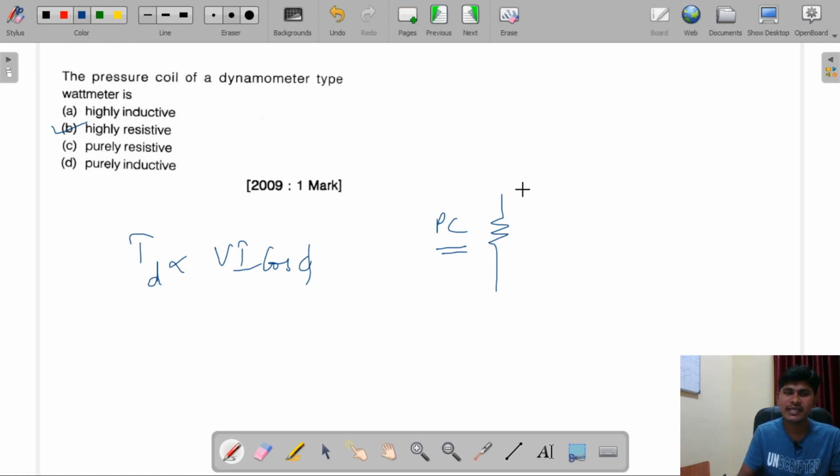At least you have to make it as resistive as possible, or highly resistive in nature. So the pressure coil of a dynamometer type wattmeter is highly resistive.